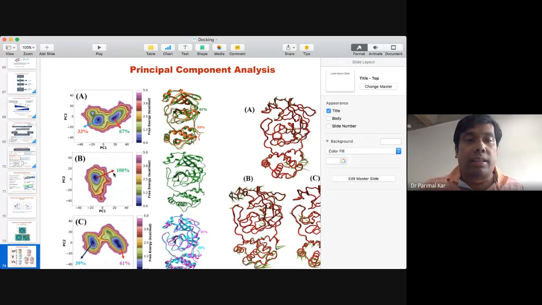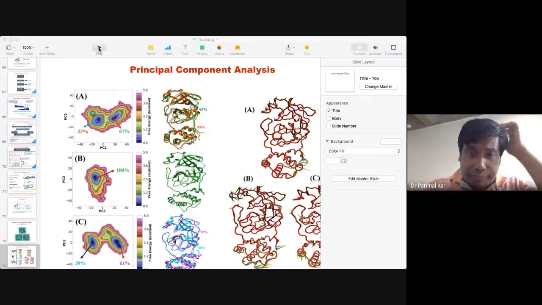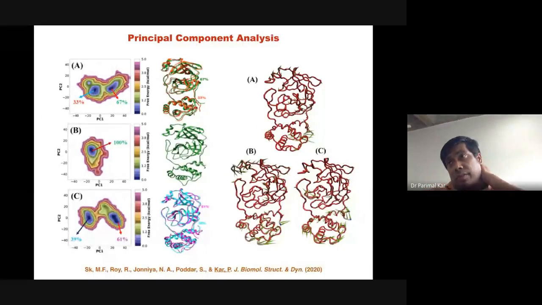Anyway, let's get back to the business. So that is the utility. If you just take the raw crystal structure and try to develop a drug, sometimes it could be wrong, because you are not targeting the most probable structure.